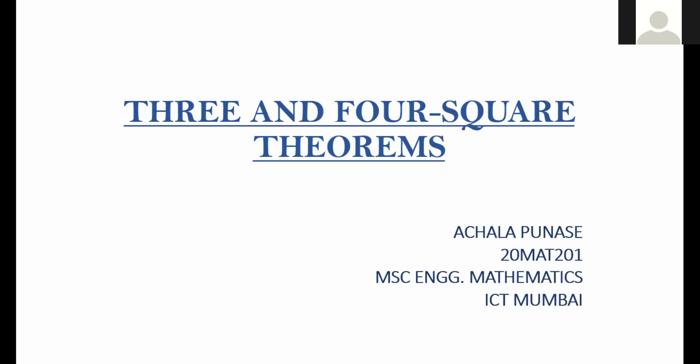What Mahima did was talk about the 2 square theorem, which says that any positive integer n can be represented as a sum of 2 squares if and only if each of its prime factors of the form 4k plus 3 occurs to an even power.